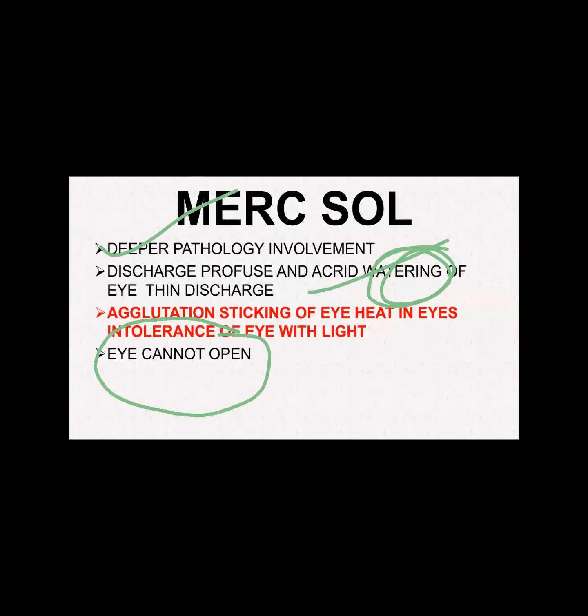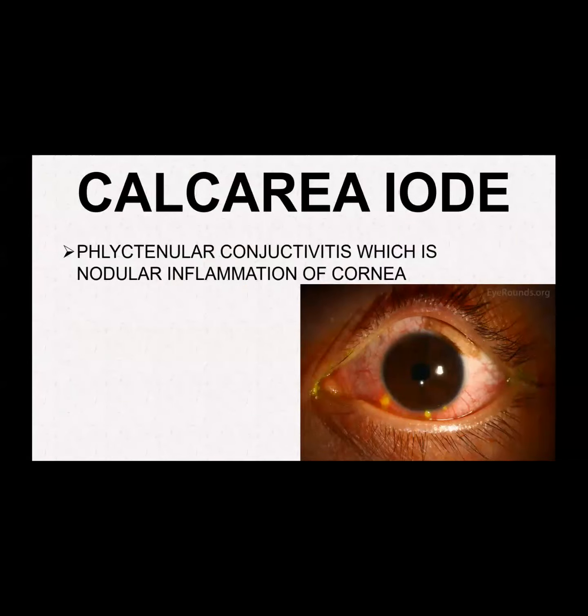The next medicine we use is Calcarea iode. Obviously, Calcarea iode is a psychotic medicine. In cases of phlyctenular conjunctivitis, what is this?